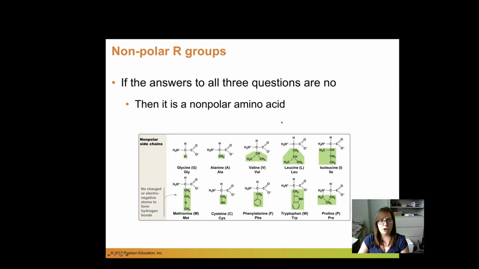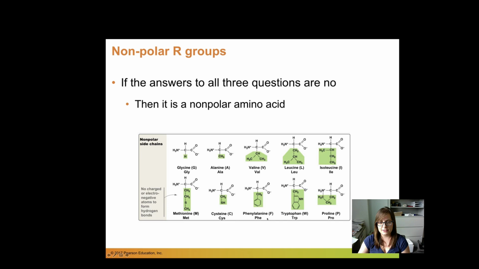If the answer to all these questions is no, then it's a nonpolar amino acid. Glycine, the amino acid we talked about in the last video, alanine, valine, leucine, isoleucine, methionine, cysteine, phenylalanine, tryptophan, and proline have no charge in their R group, and they have no oxygen.